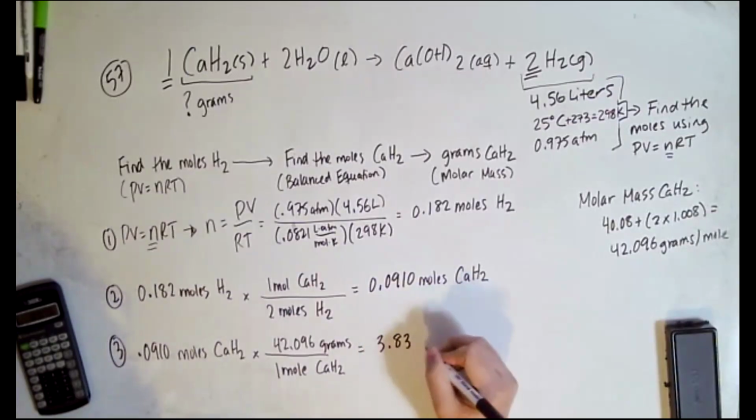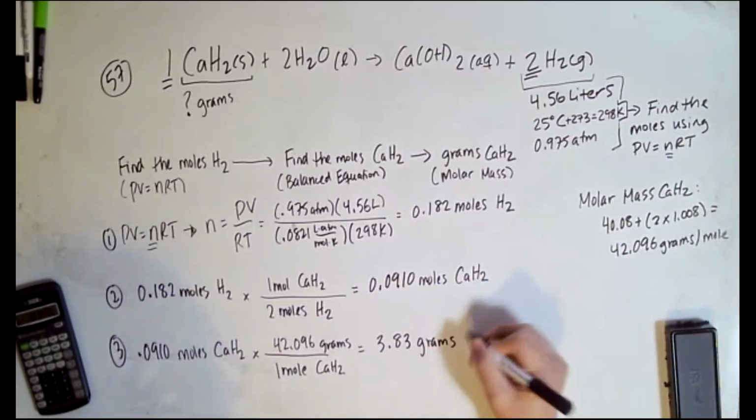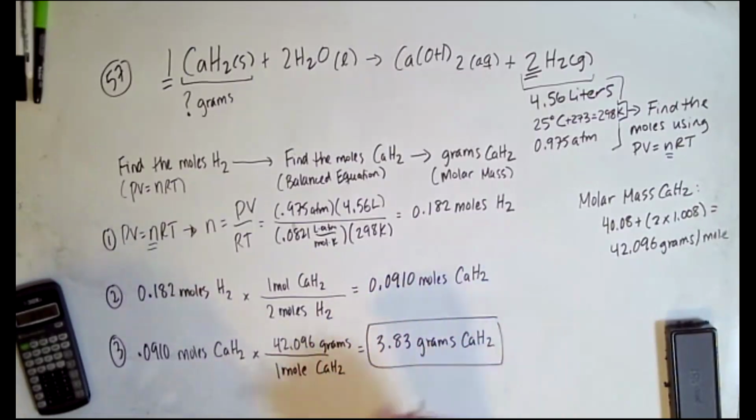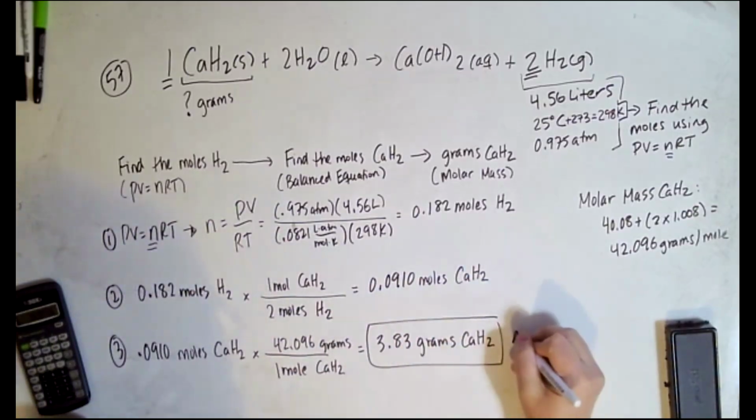Which means we'll end up needing 3.83 grams of CaH2 to make our 4.56 liters of hydrogen gas. Okay, which is closest to answer choice A.